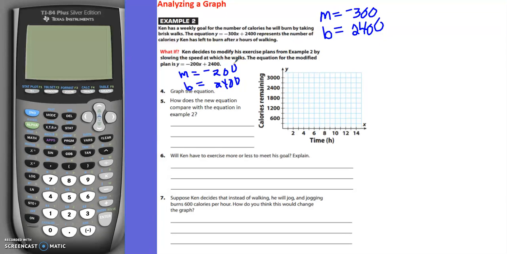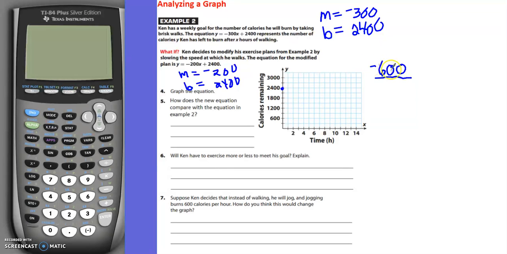Alright, so let's graph this. We're going to start at 2,400. So that's the y-intercept. These are going by 300. So let's say that I went by 600.